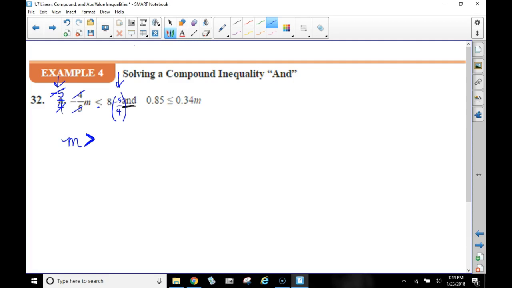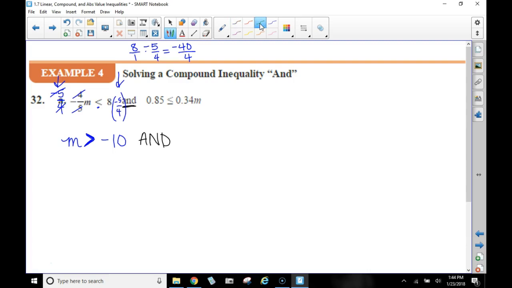And let's see, what is 8 times a negative 5/4? That is negative 40 for the top, 4 for the bottom, so that's negative 10.